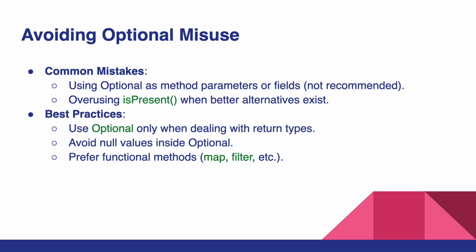Also, if you are tempted to use the isPresent method excessively, you might be missing out on more functional approaches. Remember, Optional is meant for return types and handling values functionally.